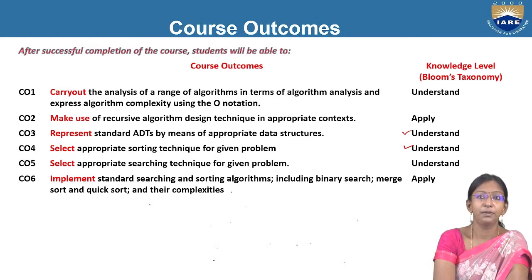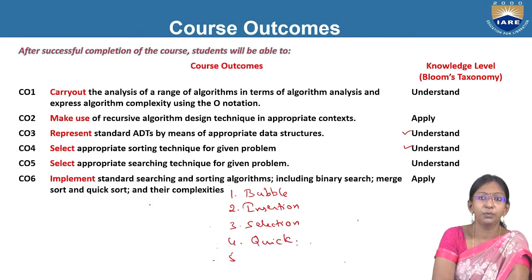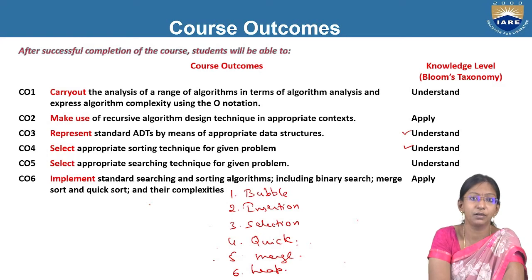Say, for example, bubble sort, insertion sort, selection sort, quick sort. I'm taking a few in a random way. Okay, quick sort. Fifth one is merge sort. Sixth one is heap sort. Okay, six I have taken.